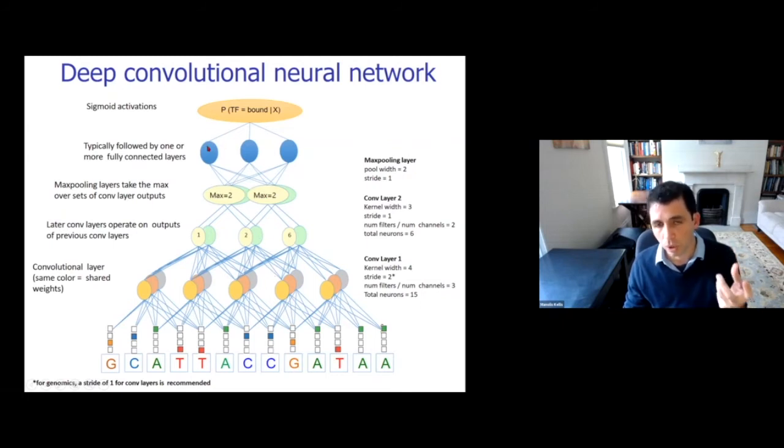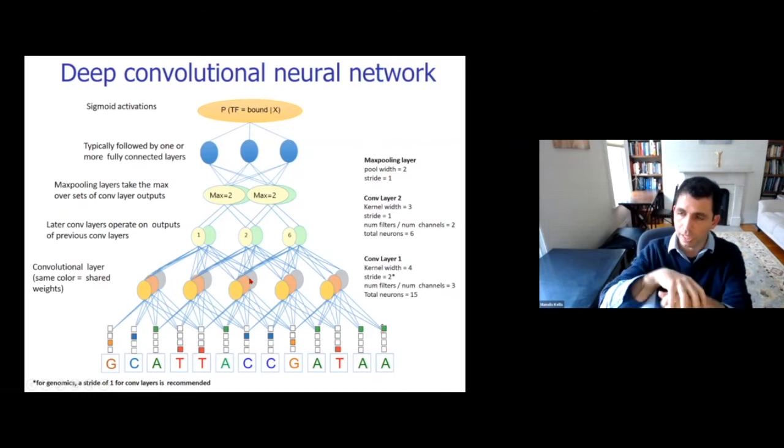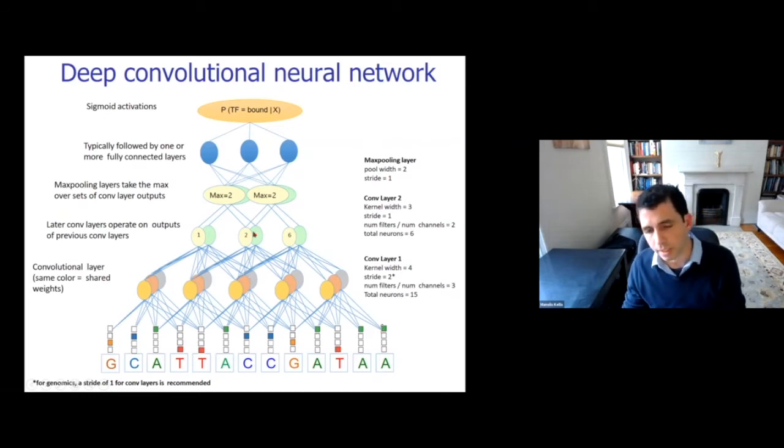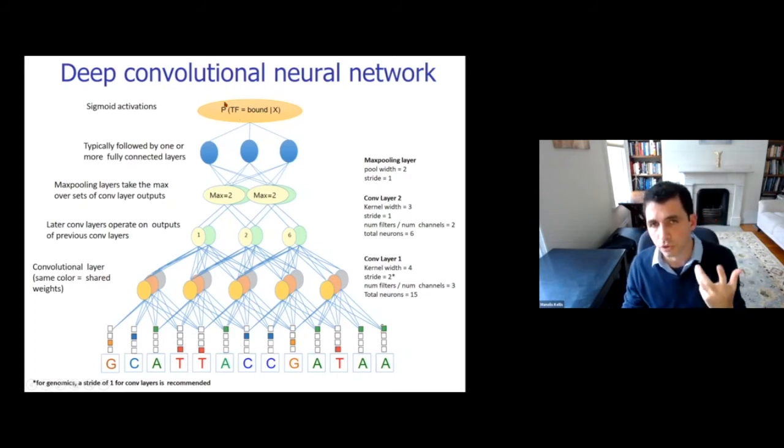So you can now learn those intermediate building blocks, which might be the sequence patterns recognized by every domain of a protein that binds DNA. And then at the second level, you might have every combination of domain found in the set of transcription factors that you've done experiments for.